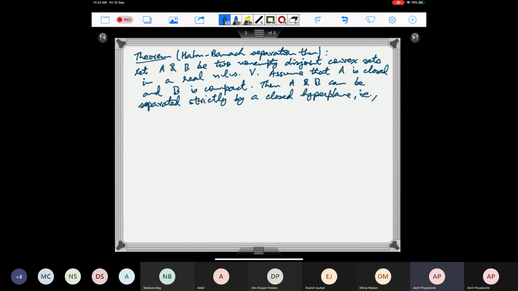That is, there exists some f in V star and alpha in R, and some epsilon positive, such that fx is less than or equal to alpha minus epsilon and fy is greater than or equal to alpha plus epsilon for all x in A and y in B.